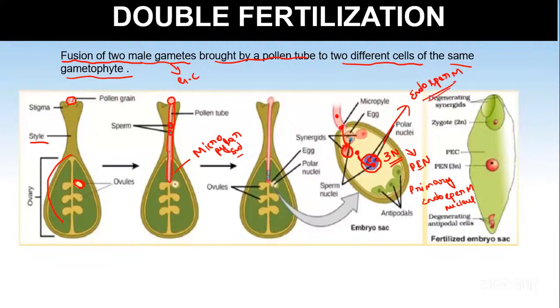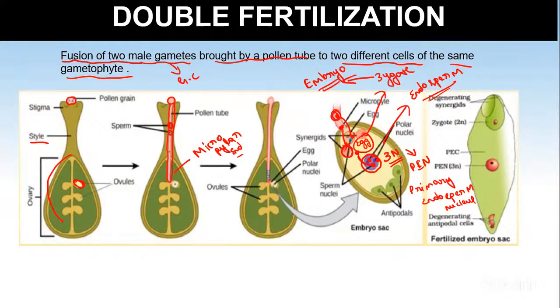Okay. Now the other male gamete is there, right? This other male gamete is going to fuse with the egg, and this is going to form the zygote. This zygote is going to form the embryo.